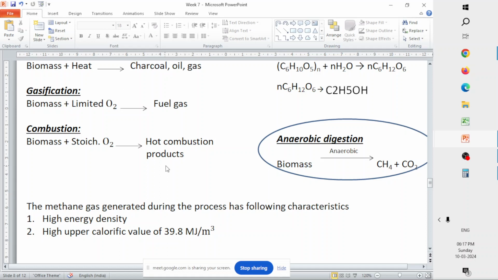That is one of the very important characteristics for any material used for an energy application. So methane has a higher energy density and the upper calorific value is about 39.8 megajoules per meter cube.